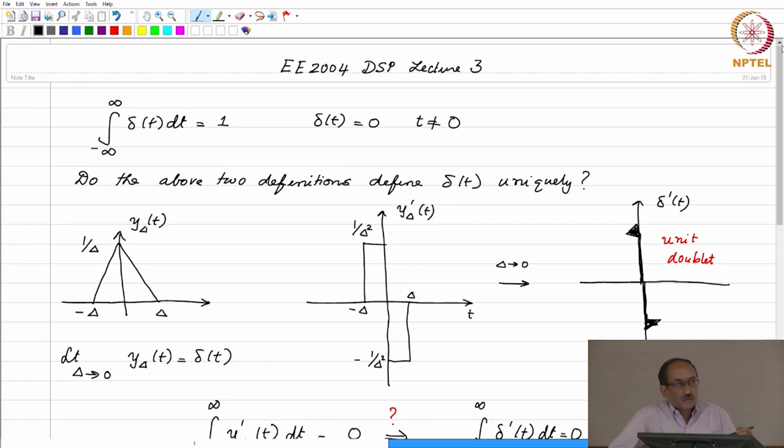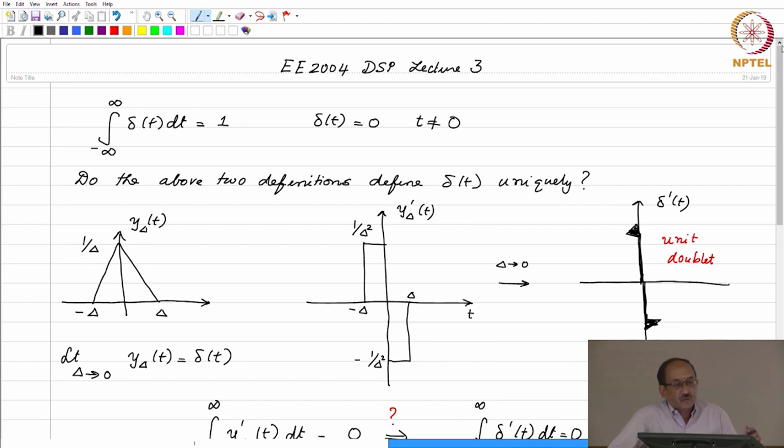And Laurent Schwartz, a French mathematician, developed a theory of delta of t based on what he called the theory of distributions. His approach is what is widely used today, and to understand that requires a lot more mathematical machinery.